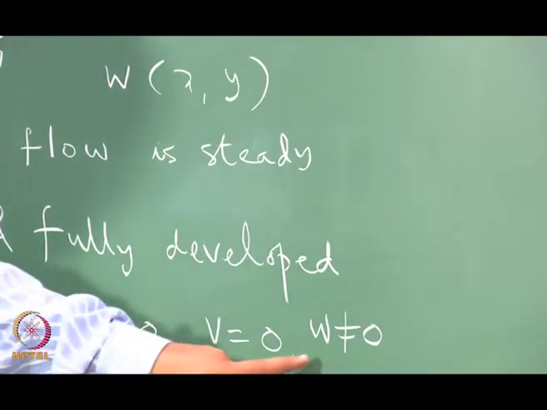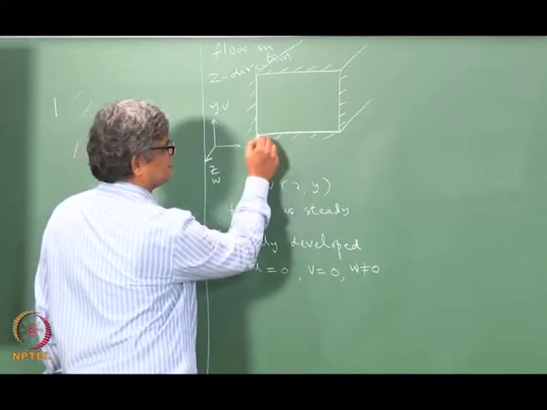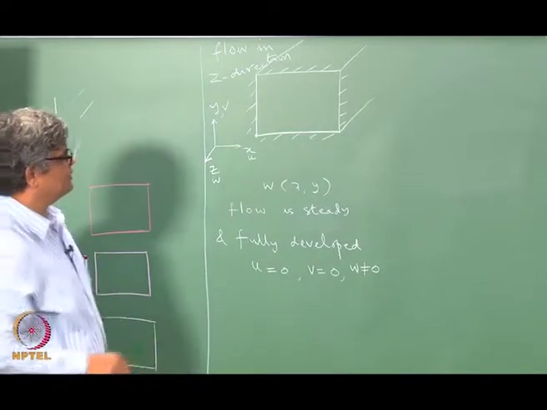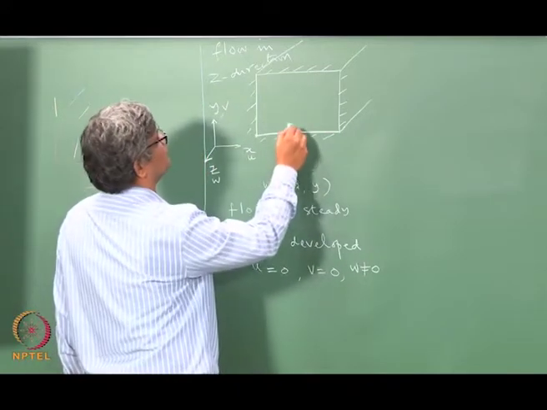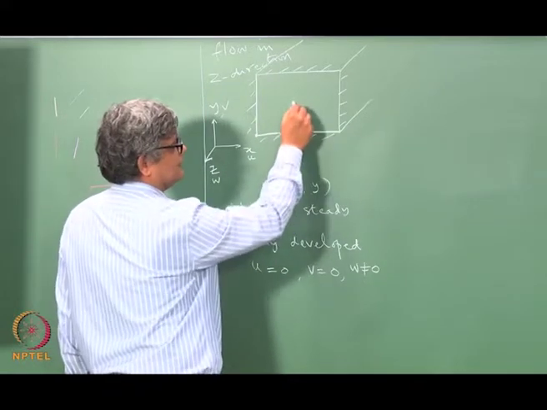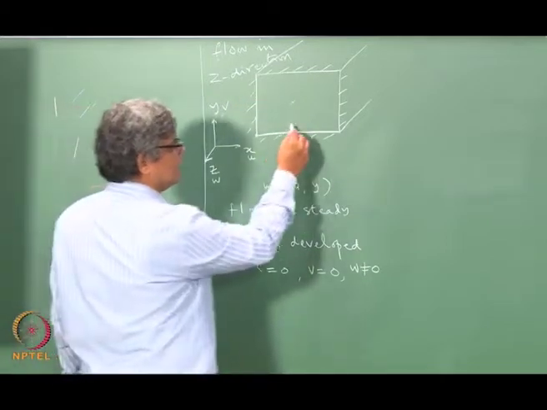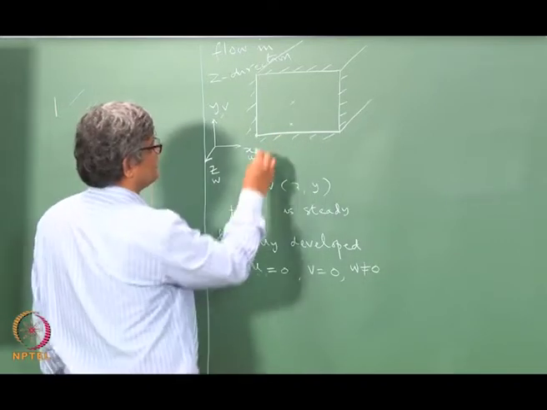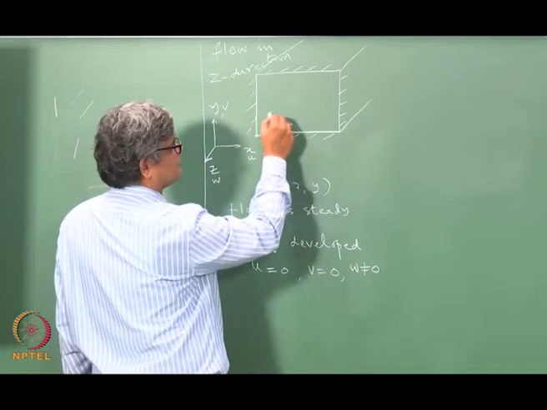Okay. But the w component is a function of x and y, where x is the distance from this, the origin, and y is the distance from here. And we can see that for a point which is, for example, located here, it is close to this wall, far away from this wall, and something which is located at the center is sufficiently far away from here, so that the velocity at the center would be expected to be different from the velocity here, and the velocity here is expected to be different from here and here.